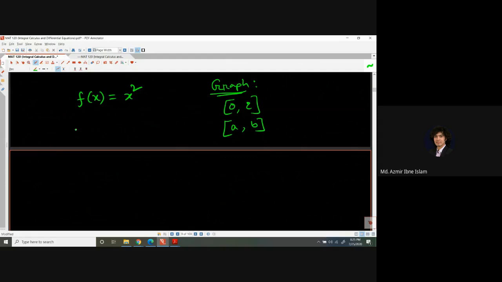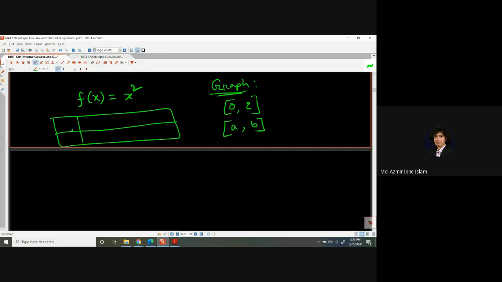So let's do the same thing here. For drawing the curve, we can use this technique. x is our input and we will get finally y as output. Let's say f of x equal to y. Since our lower limit is 0, we are starting from 0, and the upper limit is 2.